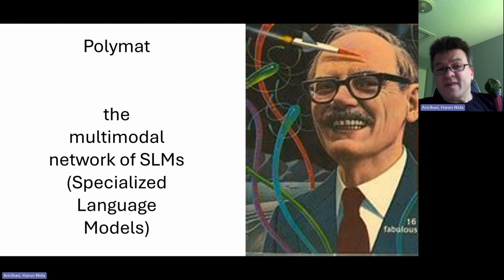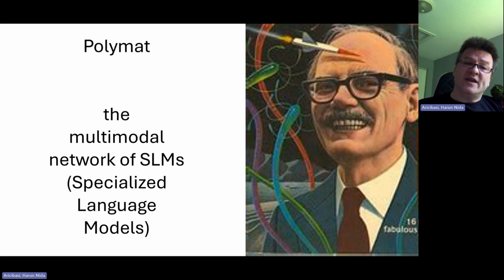And those APIs might be connections to other specialized language models, or other types of deep learning networks specialized in image recognition, voice synthesis, or some other tasks we have been doing with them in the past.